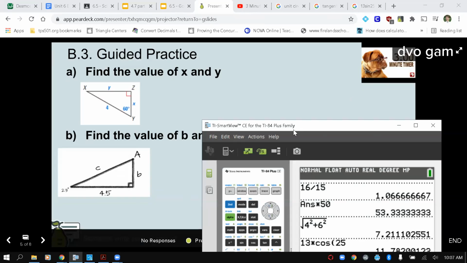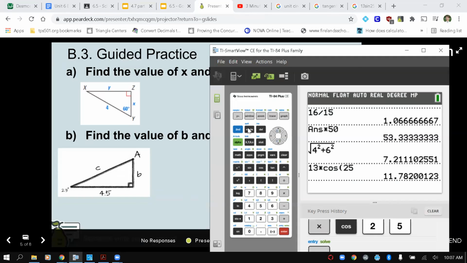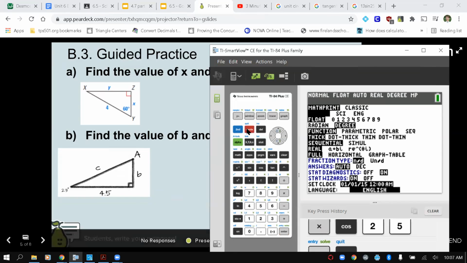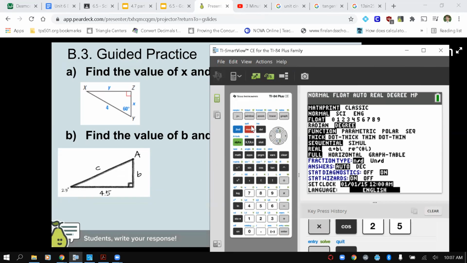All right, you have to hit mode and then go down, down, right, and hit enter to make sure your degree is highlighted.